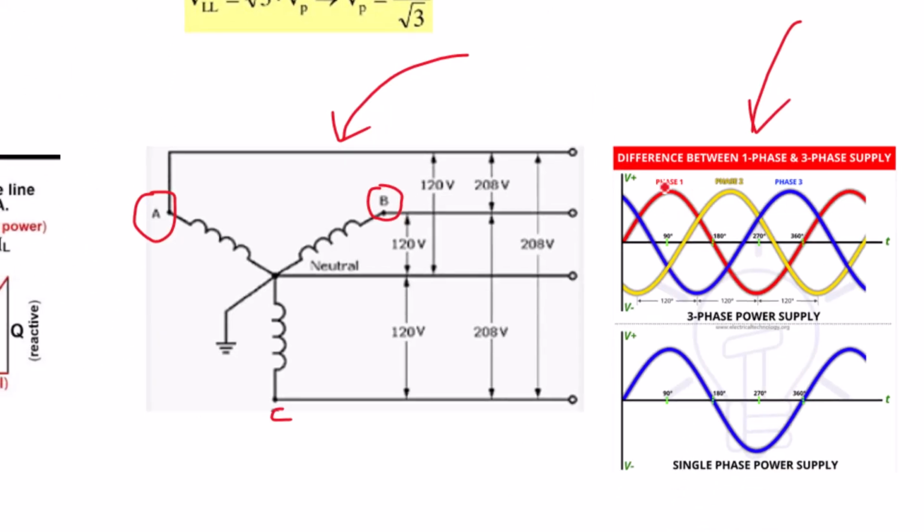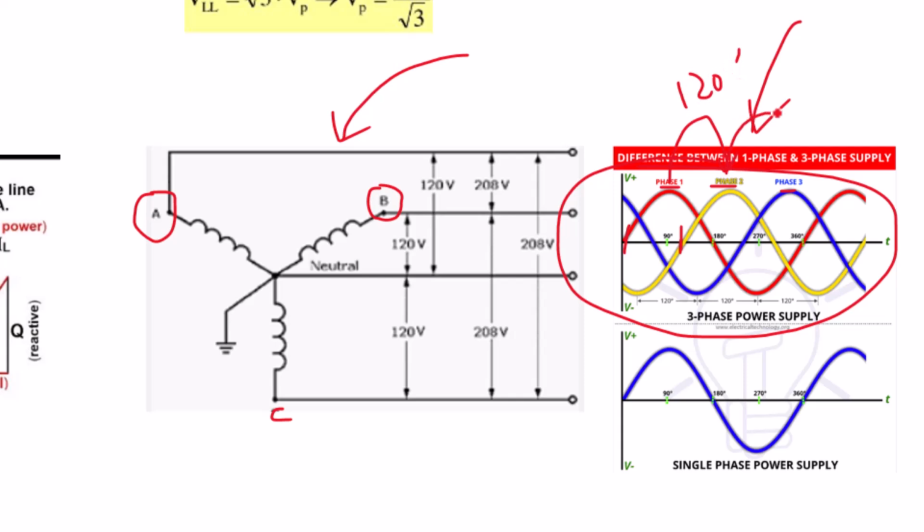So if we have the three phases, and each one is oscillating at 60 Hertz, since it's an AC voltage, and the three phases are offset by basically 120 degrees, you're going to get this type of picture down here. So each of these phases is offset by 120 degrees.